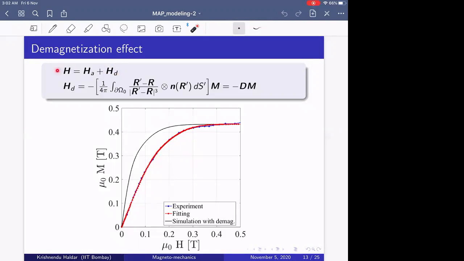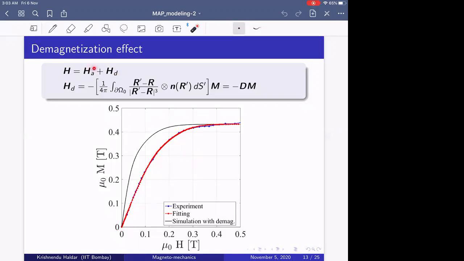So this H is actually the field you are experiencing inside the material, and that H should be involved in the constitutive response. Then it will present the true constitutive or material response of magneto-active polymers or whatever magnetic system you are working with.